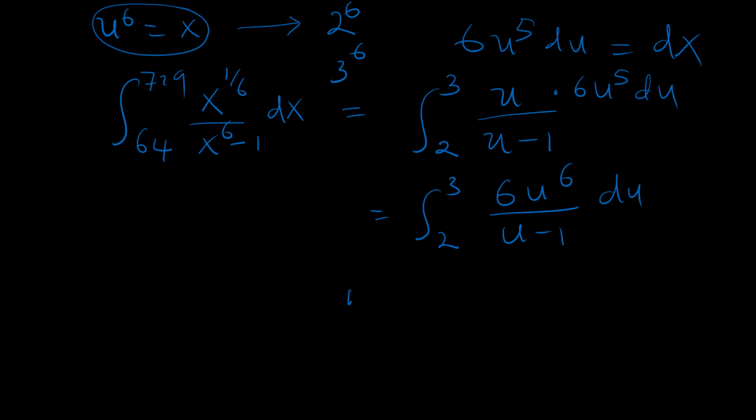We can say maybe let y be equal to u minus 1, such that dy/du is equal to 1, and dy can be used to substitute du. So we've said let y be equal to u minus 1.